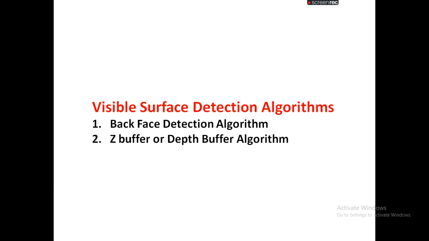The second is called the Z buffer or depth buffer visible surface detection algorithm. Let us see one by one how we can use these algorithms to eliminate the back face of the polygon and display the front face of the polygon on the monitor screen.